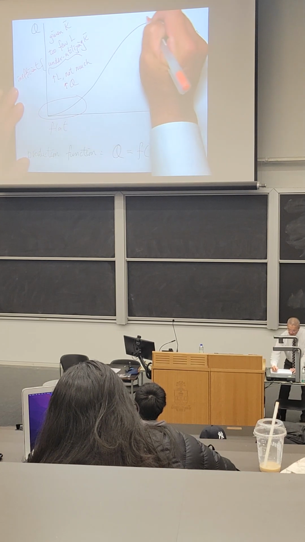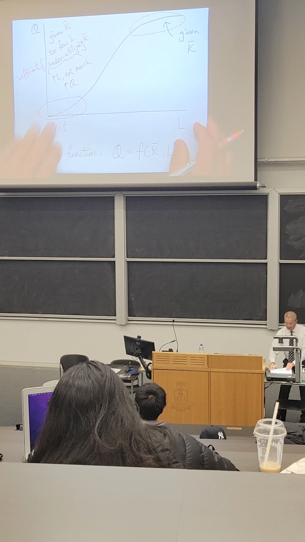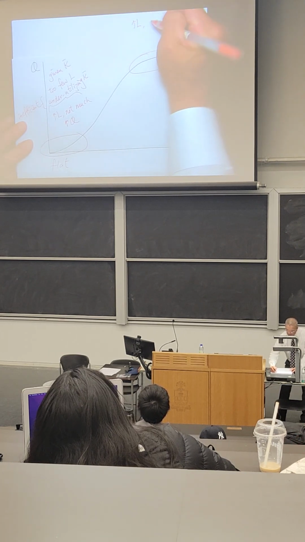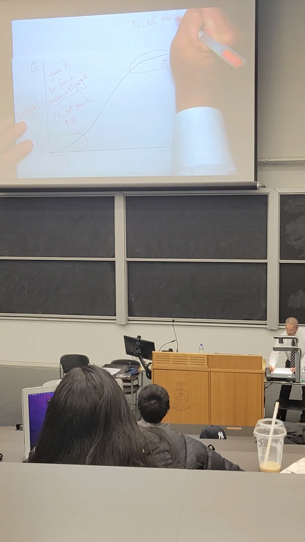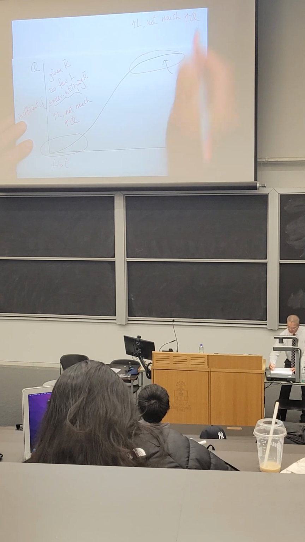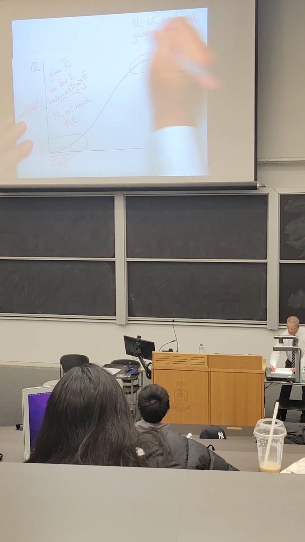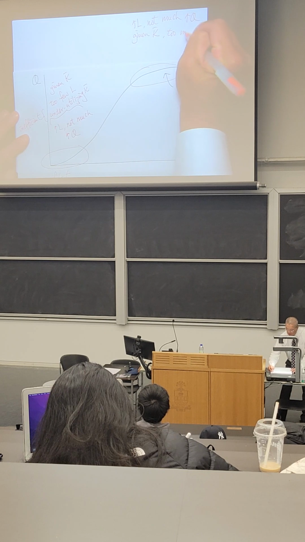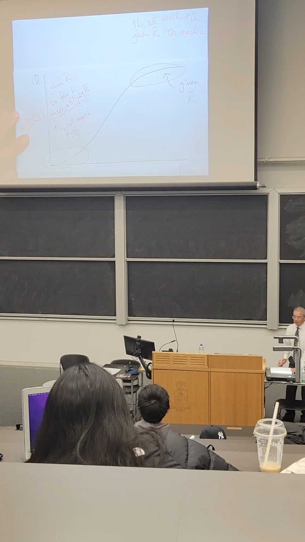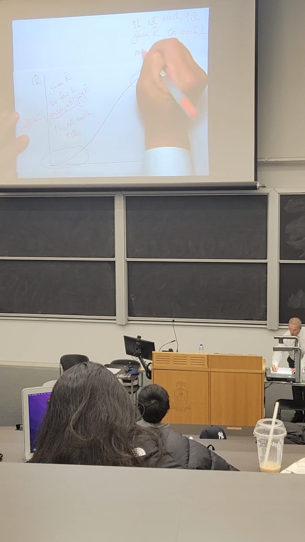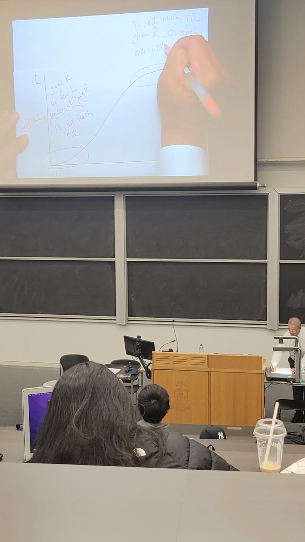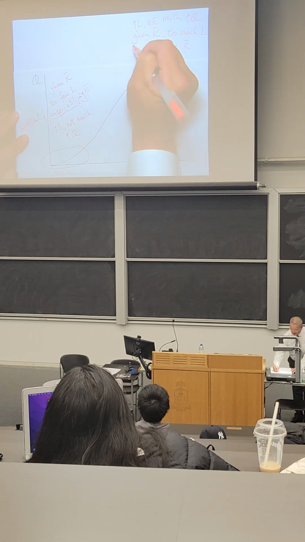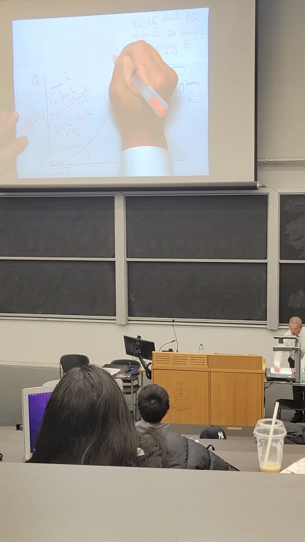Same here at the top. At the top, increase in labor input, not much increase in output, because for the given factory size, you have too much, the opposite, too much labor input. You overutilize that factory size, i.e., also inefficient.